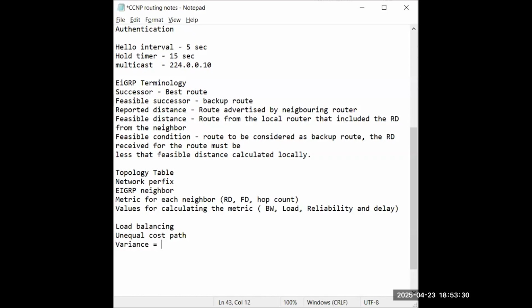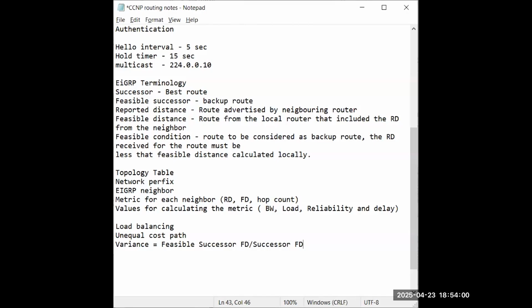So variance is nothing but feasible successors FD divided by successor routes FD. Okay, this is the formula.